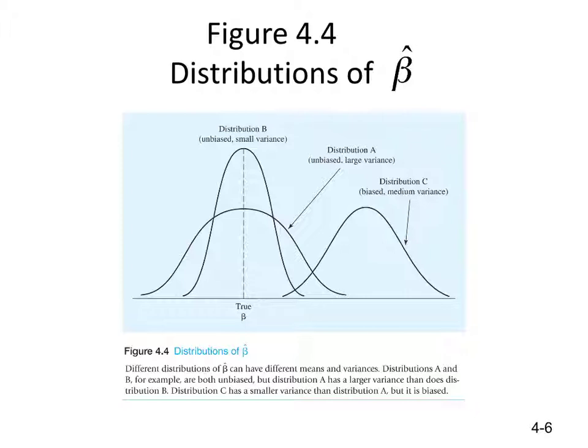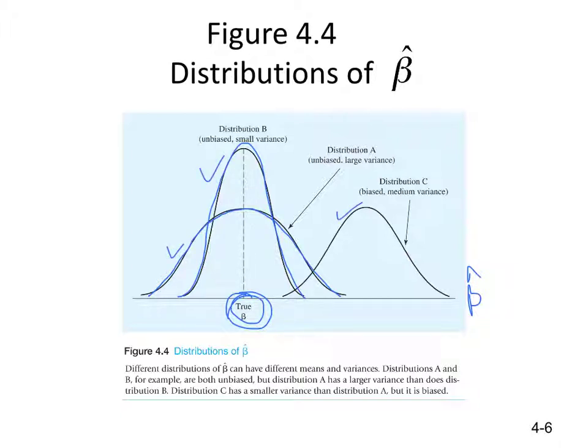This is just another diagram, which I believe is in your text, that gives you another way of looking at it. Here's our true beta. Here is a larger variance of the estimates of the beta hats. Here is a narrower or smaller variance. Both are centered on the true beta, and therefore we have unbiased estimators, one with a smaller variance, one with a larger variance.